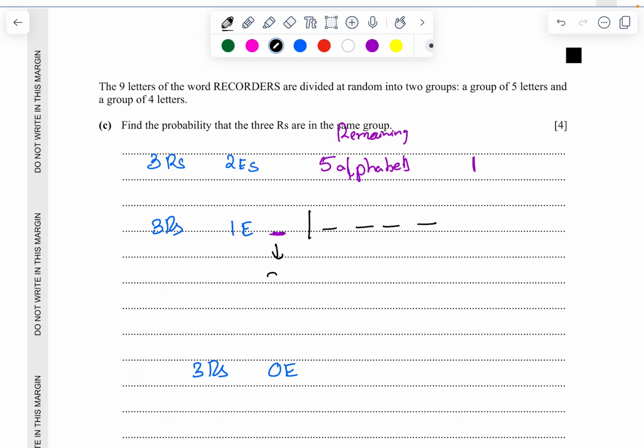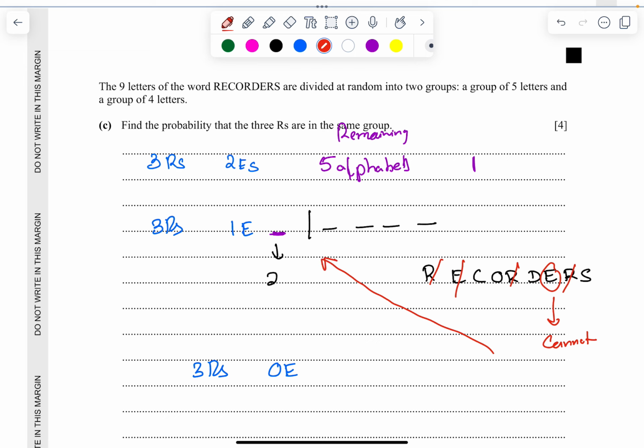In the word recorders, 3 R's are used and 1 E is used, so this E cannot be in this position. So what am I left over with? 1, 2, 3, 4 are left over, so I can choose it in 4C1 ways.